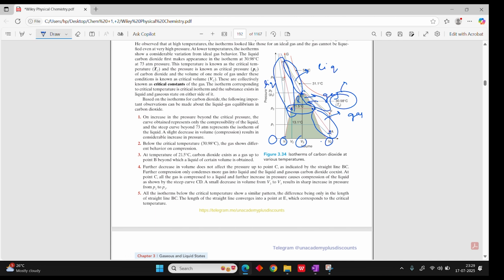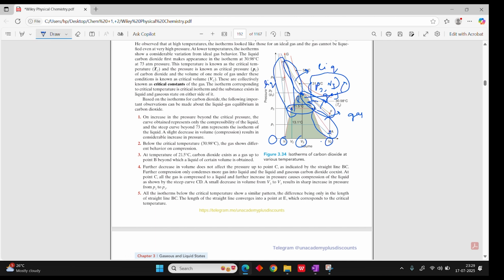Whereas here, this portion from H to E, it's liquid, and from A to E, it's simply gas.